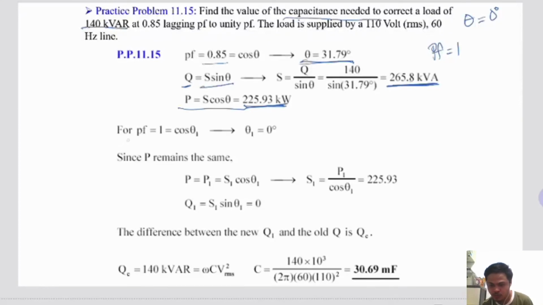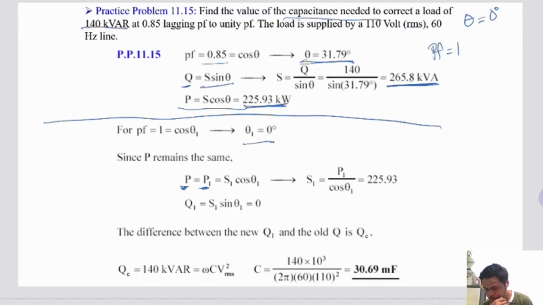To bring our system into unity power factor, we must resolve the required Q, since the original P is equal to the P of the new system. So we can now compute the new S, which has the same value of the real power.